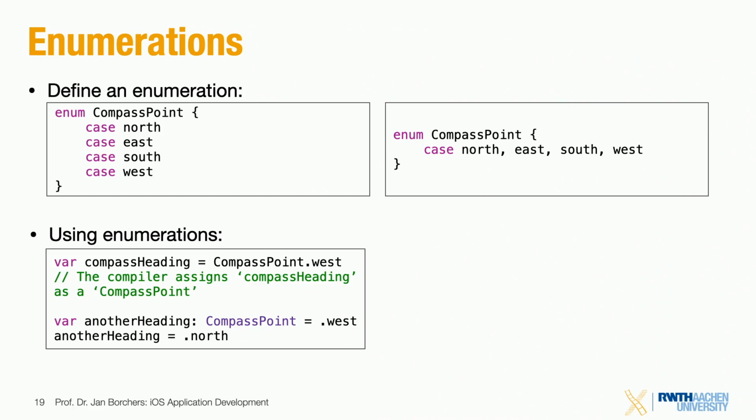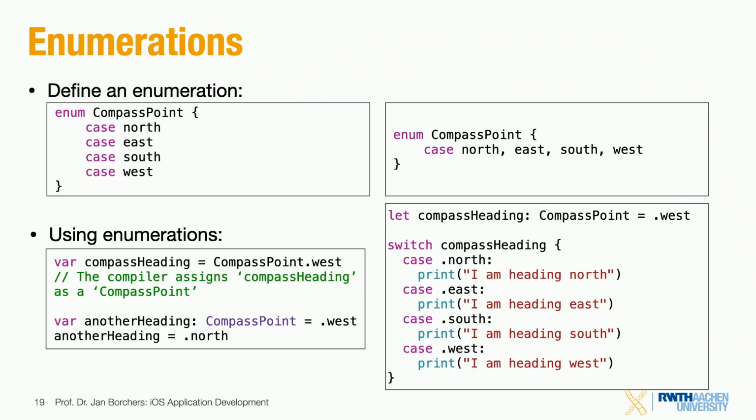And if we have another heading and specify that it is of type compass point, I don't even need to specify compass point .west. I can only use .west. That would work as well. And if I change this variable, again, I only need to specify, okay, it's .north. Because those are the cases that we've defined for this enumeration.